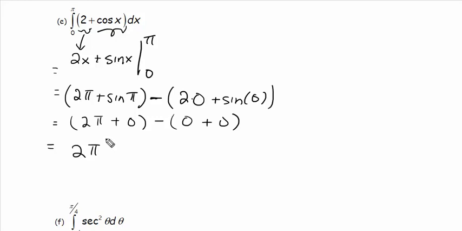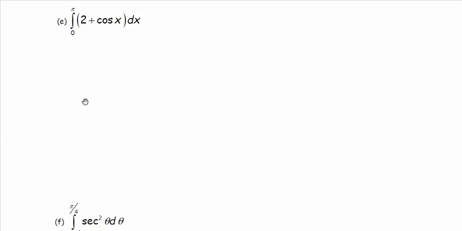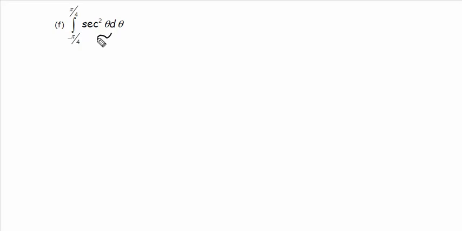So if you can find the antiderivatives and then substitute in the pi and the 0 and subtract, this isn't too terribly difficult of a problem. So please try to remember all of your antiderivatives. Let's try again. The integral from negative pi over 4 to pi over 4 of secant squared theta d theta. So the antiderivative of secant squared theta is tangent of theta.